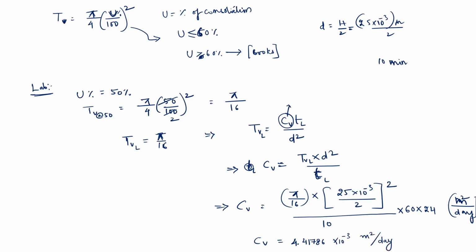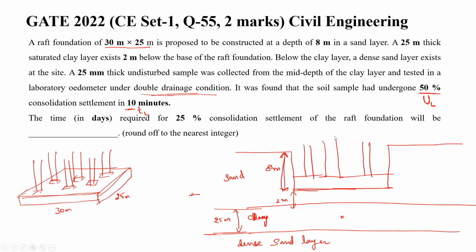Okay, now we know the CV. Then what is asked in the question? We have to find out the time required for 25% of the consolidation settlement of the raft foundation. So they are talking about the field.